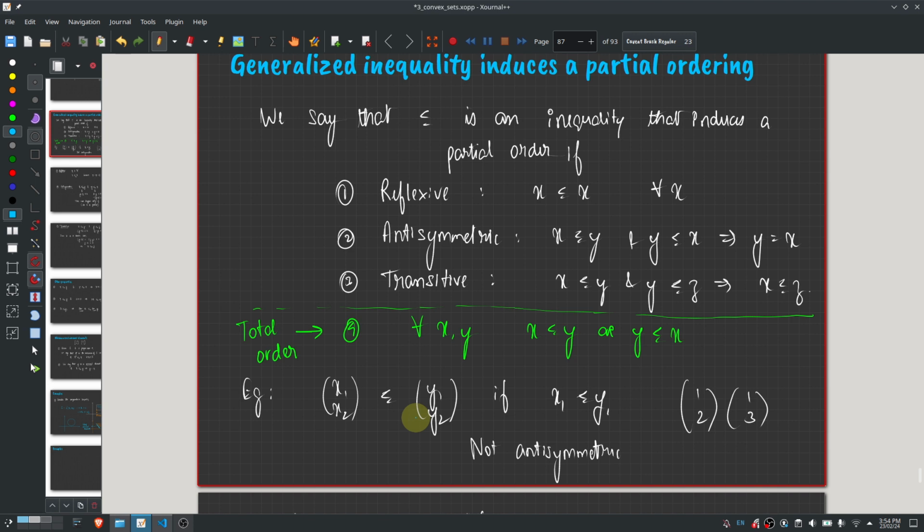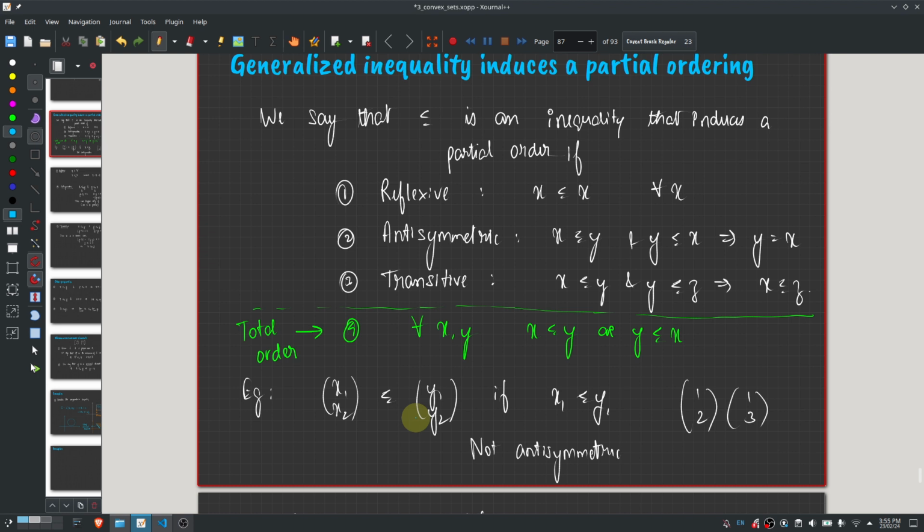But I briefly touched upon one kind of application where generalized inequalities may be useful. For example, multi-objective optimization. You have two different objectives which you want to simultaneously minimize, but it may or may not be possible to minimize both of them simultaneously. So if there is a minimum, then that's the best case scenario, but if not, you should at least try to achieve a minimal element.